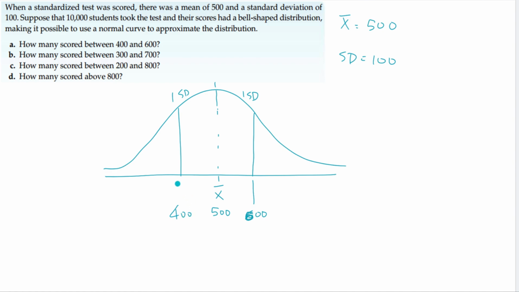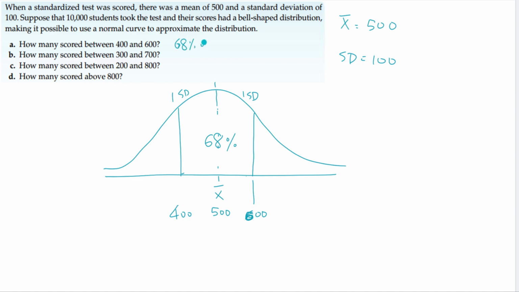So between 400 and 600 means it's within one standard deviation. So we know how many percent of the students are in this one standard deviation. We already know that number is 68%, right? And what else do we know?